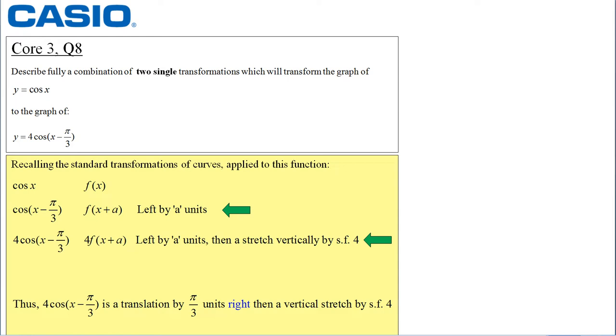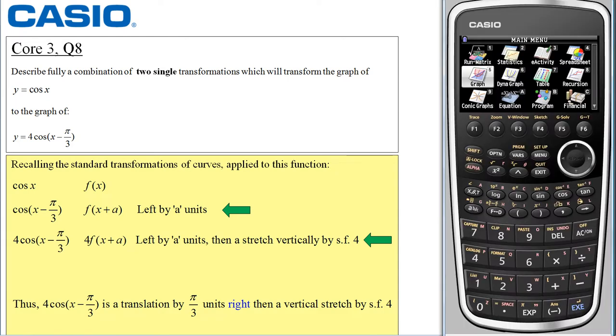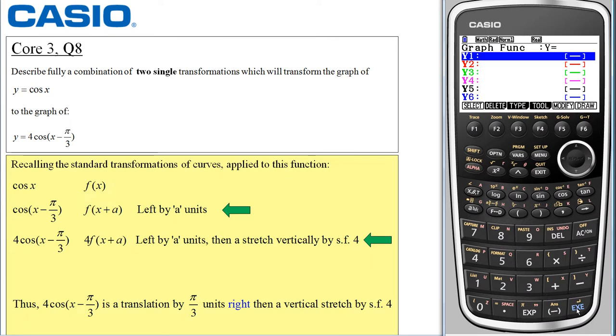I can use the Casio graphical calculator to illustrate this. If I select option 5, the graph function menu, and I plot to start with cos x, and the second function I'll plot to start with is cos of open bracket x minus pi over 3.